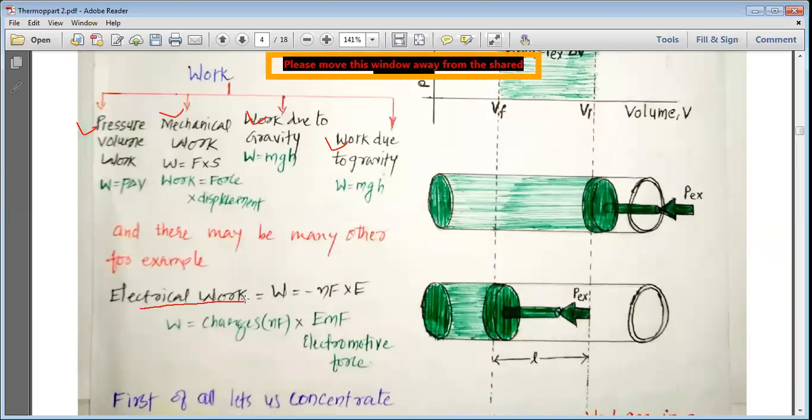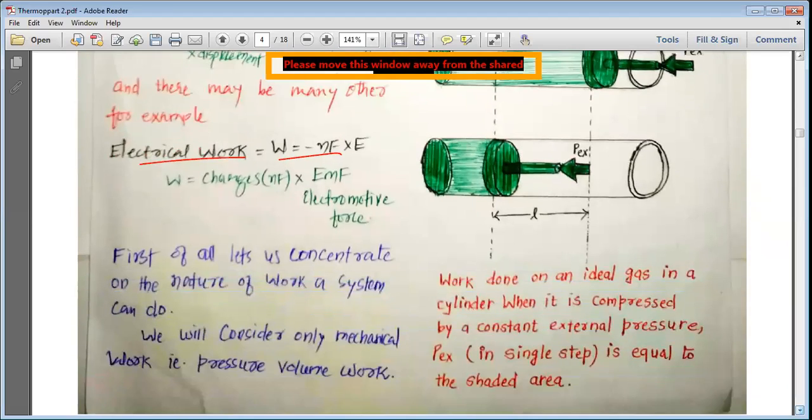We even have the electrical work where the work W is equal to nFE, where E is the electromotive force, and n and F collectively are the charges. F is known as the Faraday constant.